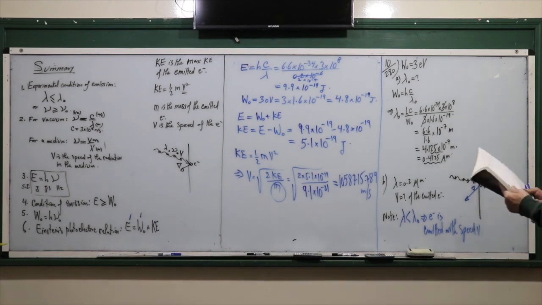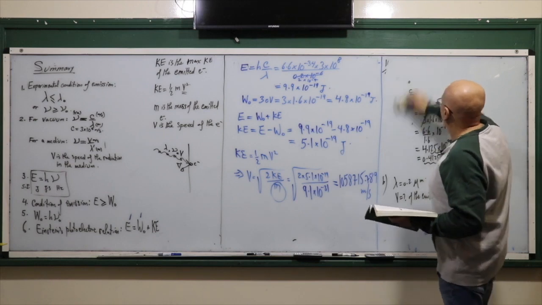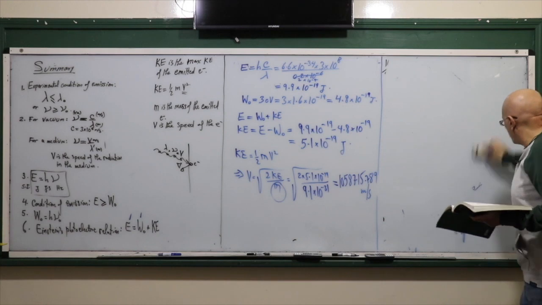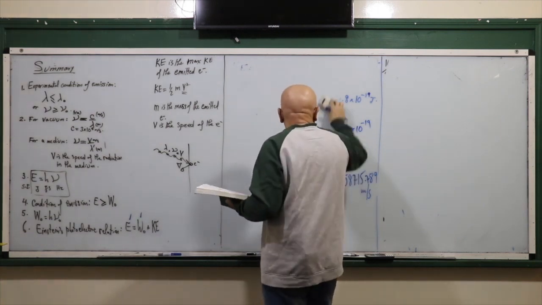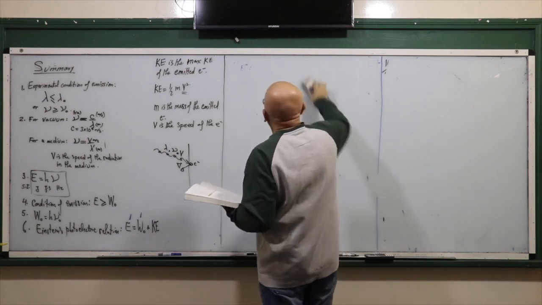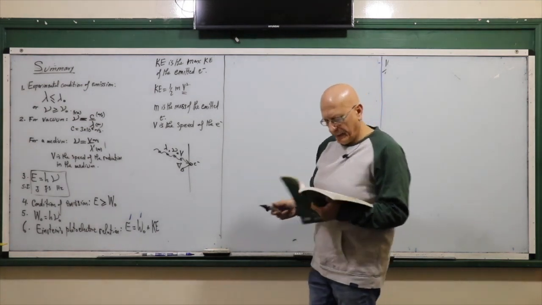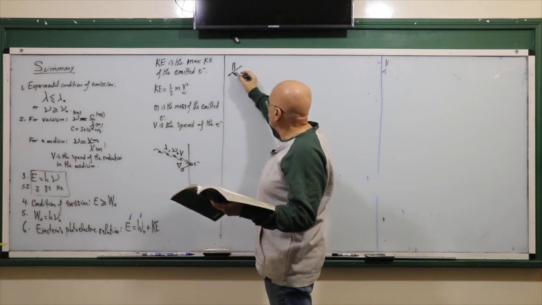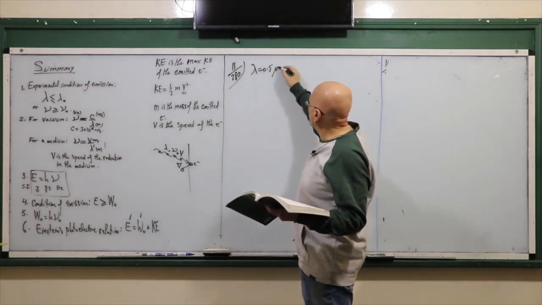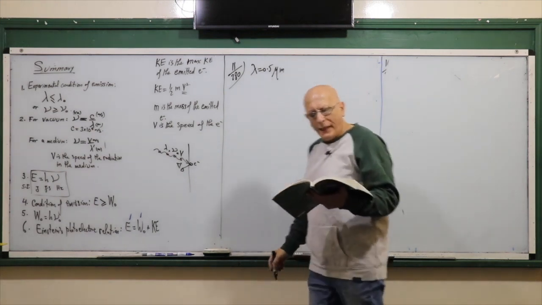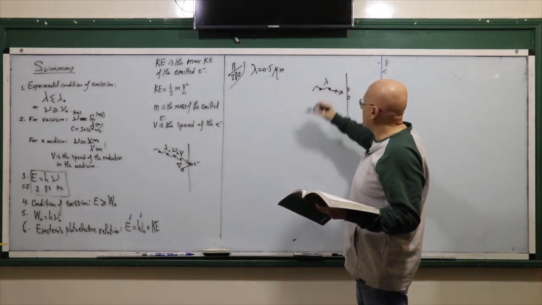Let's see number 11. Number 11, page 280, says: when light of 0.5 micrometer wavelength illuminates a metal, so you have a metal and this is light, photons, it has lambda.